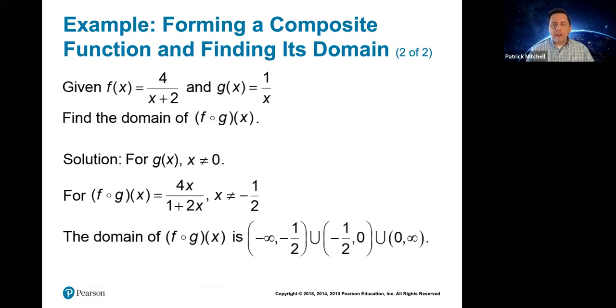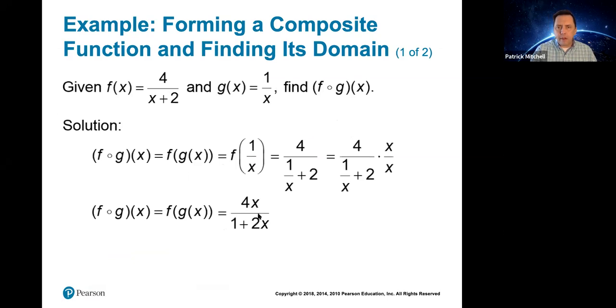Yeah, so that's the same answer we got. And I just want to point out that that answer makes sense. You can see here why the -1/2 has to be excluded, because after you simplify the answer that we got in the trig video, remember that was this one, -1/2 would make that denominator 0, okay?